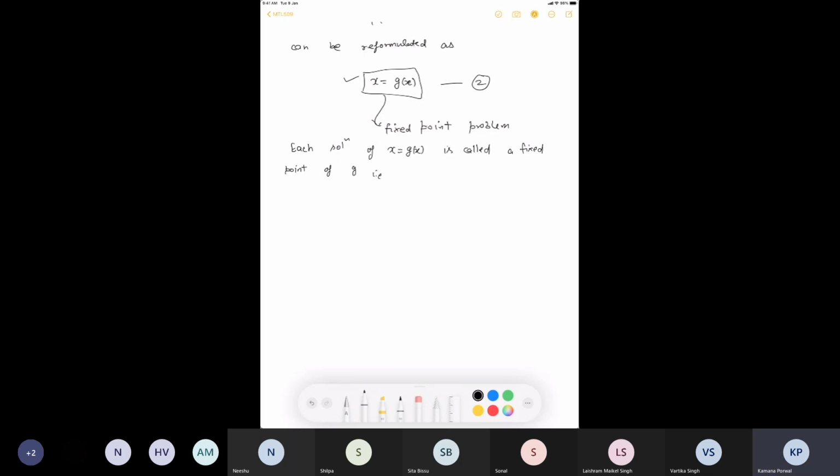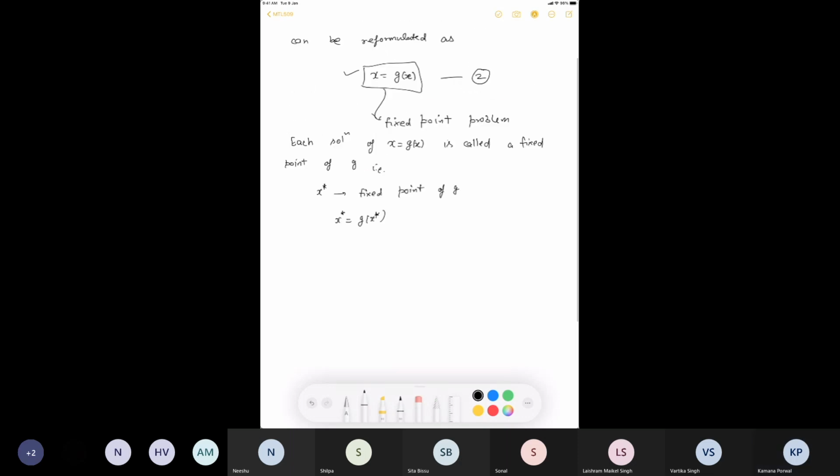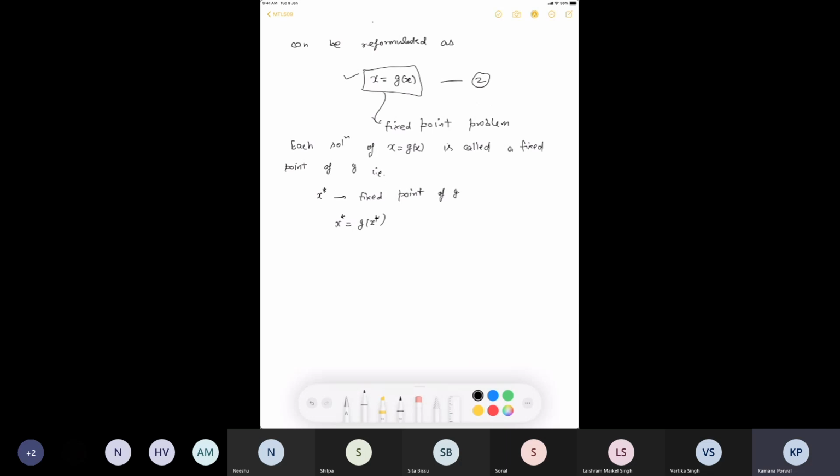So I can write it in a form that, say, if we say that x star is a fixed point of g, this means that it will satisfy x star = g(x star), right? So our next iteration method is based on this new formulation 2.